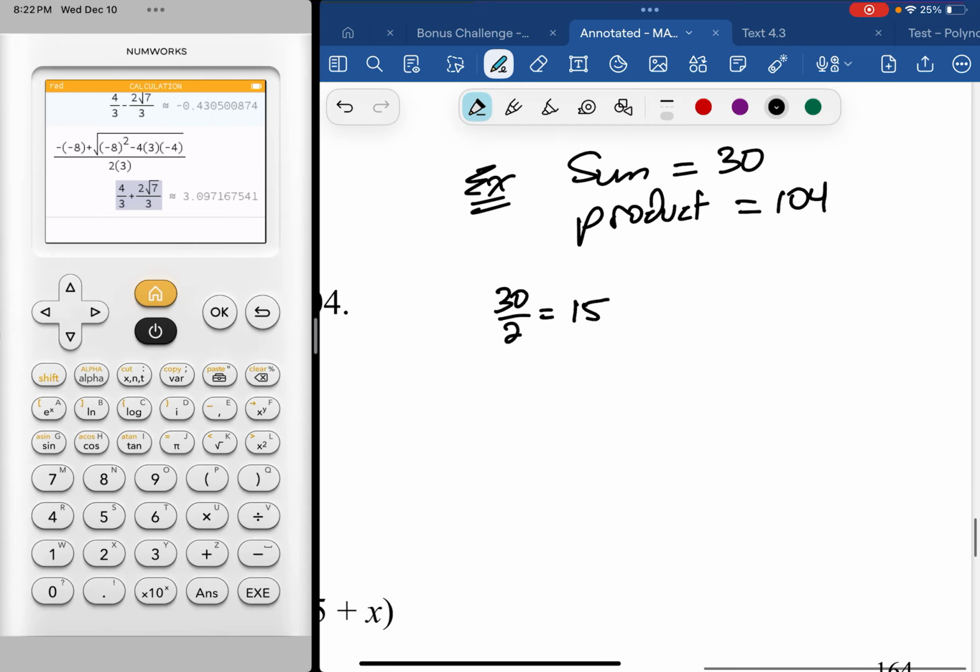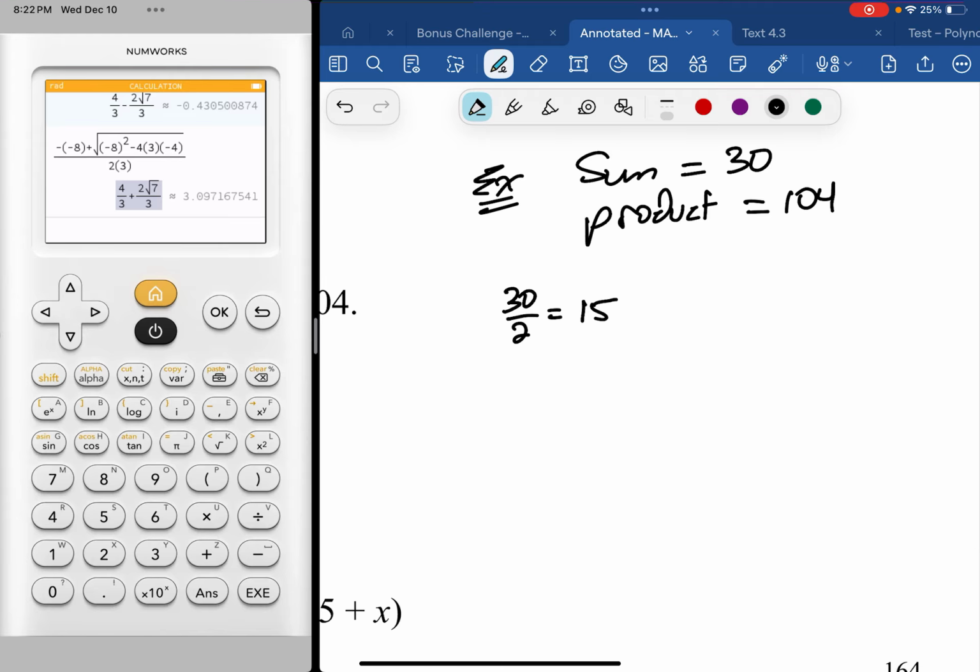I'll do another example after this in a sec. I have that value, which is going to be written as two factors, 15 plus x and 15 minus x, multiplied to equal 104.